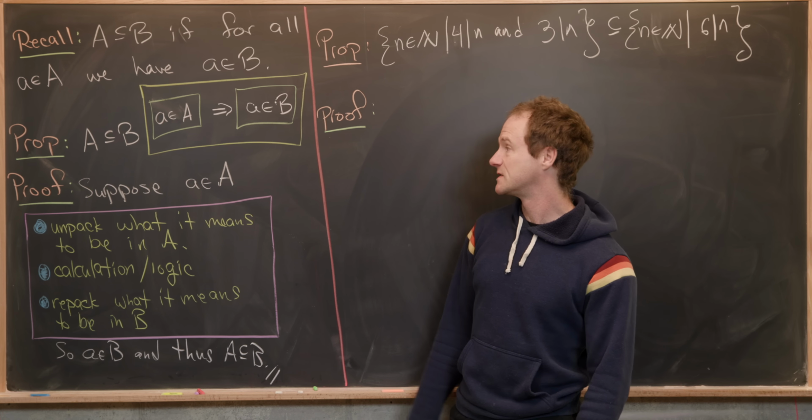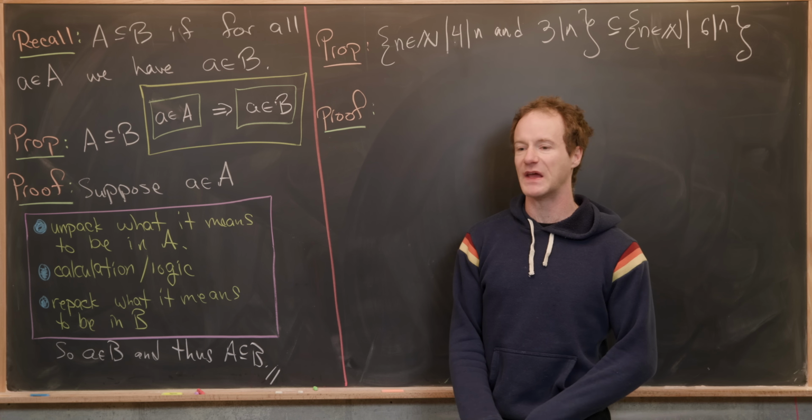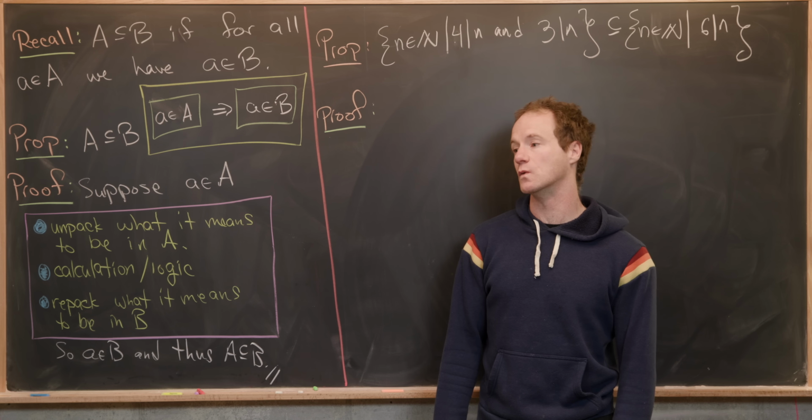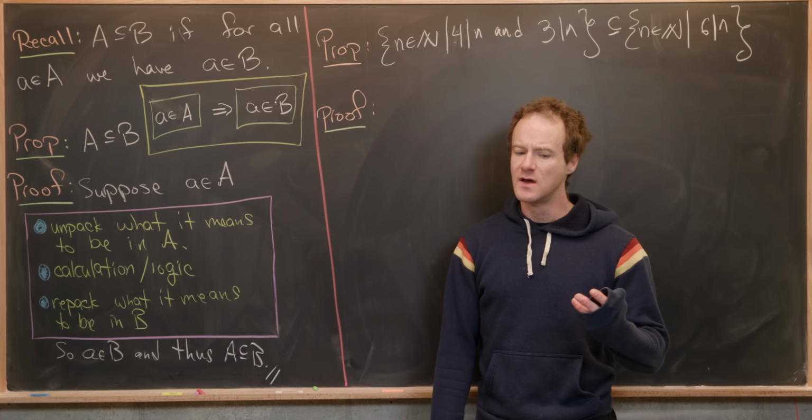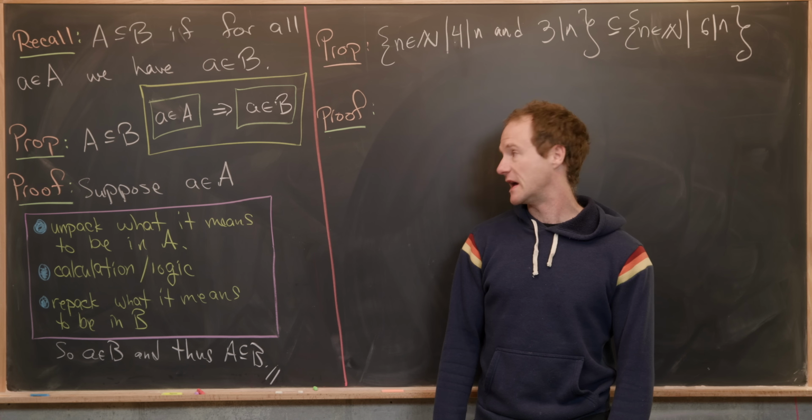So in fact, you can just treat this as a proof of a conditional statement and use any of those methods that you want. Although most of the time, a direct proof method will work the best.